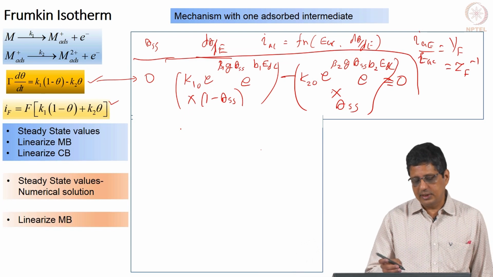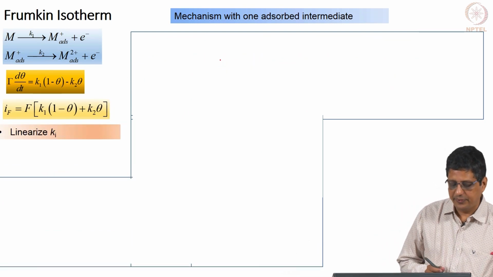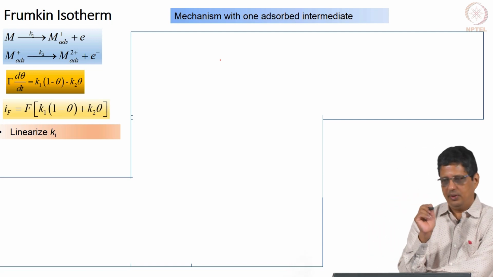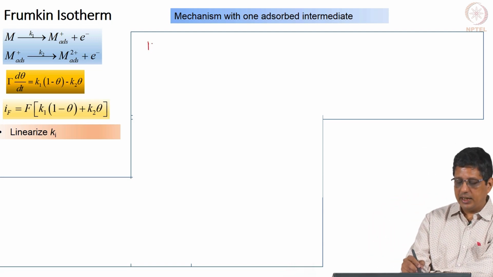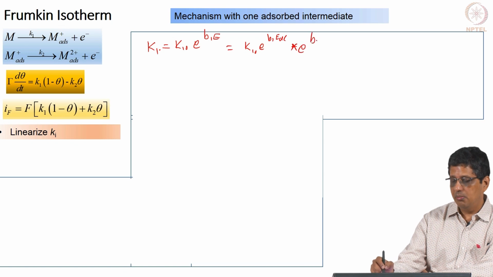So, next is the step where we want to linearize the mass balance equation. For k1, earlier we would have taken this and written k1 equal to k1 0 e power b1 E, and that means k1 0 e power b1 E DC multiplied by e power b1 E AC.